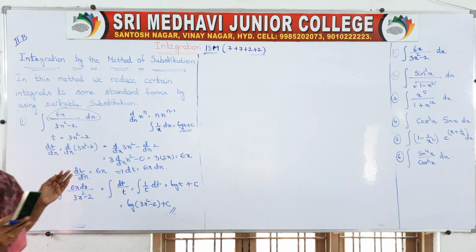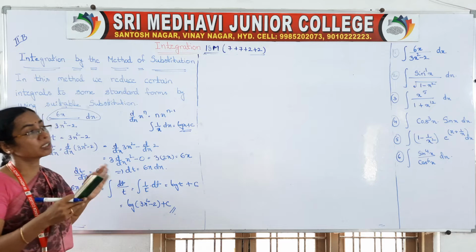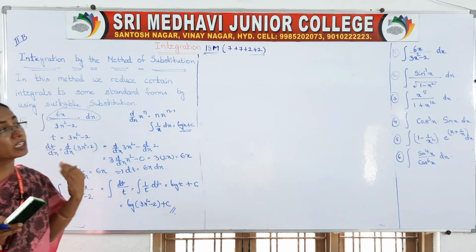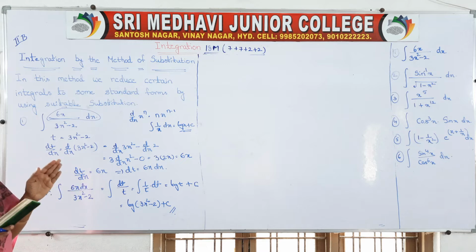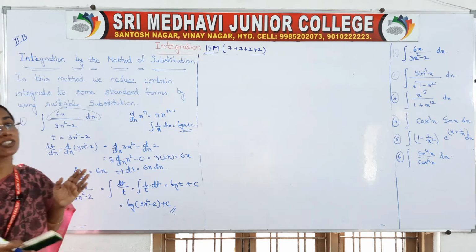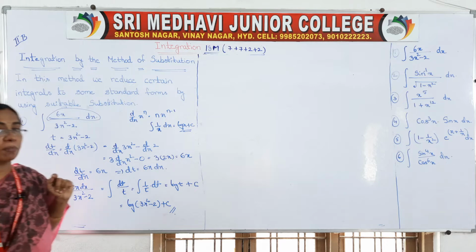Whenever a problem is not in standard form, and if you have the differentiation knowledge, you can see that if we take one value as t and differentiate, we will get another value. In such cases, we will go for our substitution method.